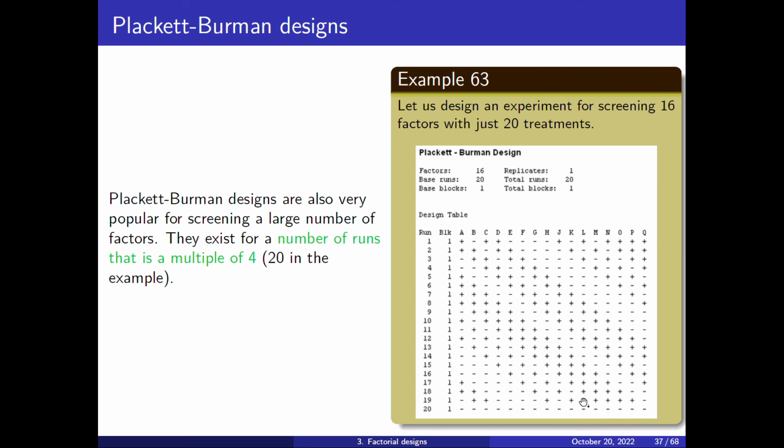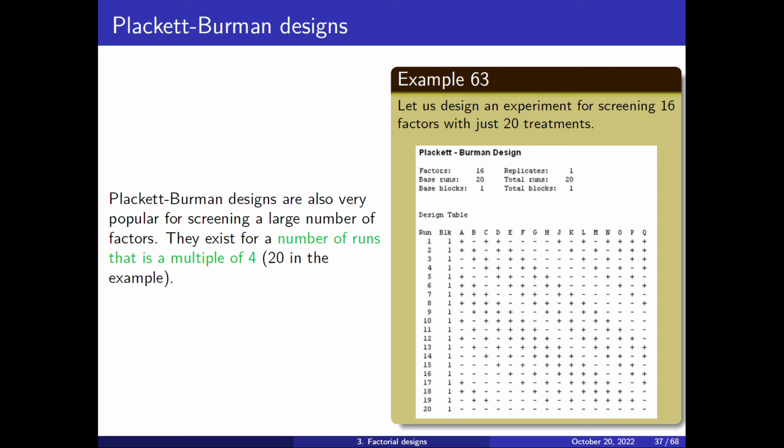So with only 20, we will be able to identify the main effects of these factors that are really important for our results, and then we will do the full factorial.